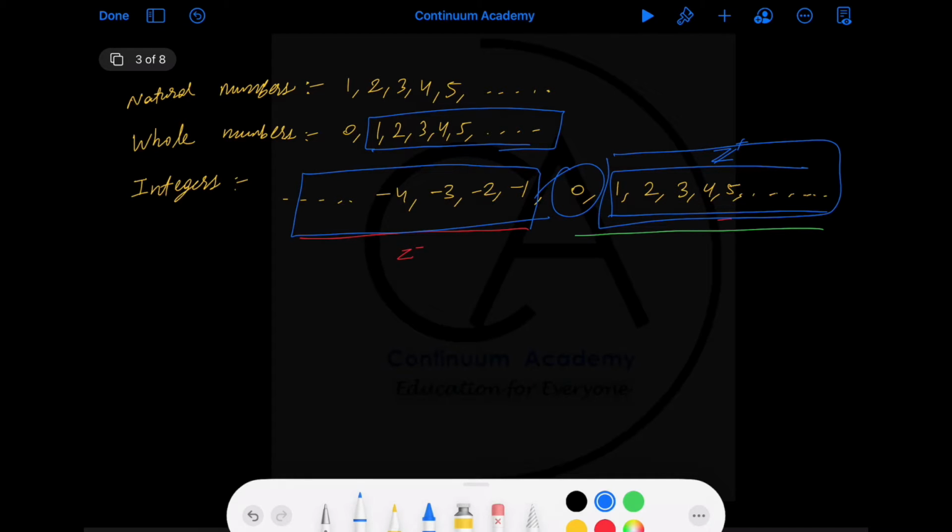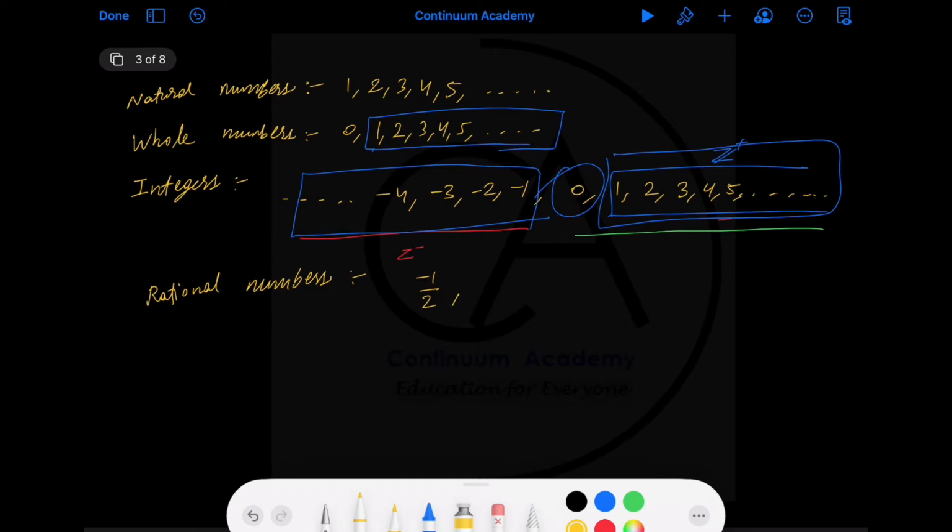After the integers I have also discussed rational numbers, right? What are rational numbers? Any number in the form p by q, where q is not equal to 0 and p and q are integers. Say my example is minus 1 by 2. This is a rational number because minus 1 and 2 are integers.